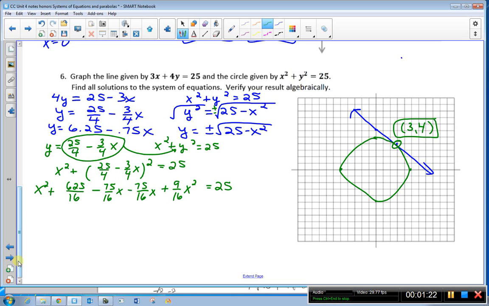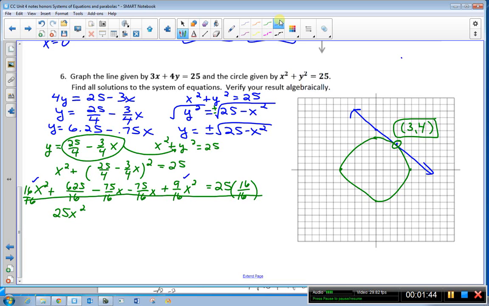If I make this 16 over 16, remember, with fractional equations our denominators will drop. So we really just have 25x squared, 16x squared, and 9x squared.